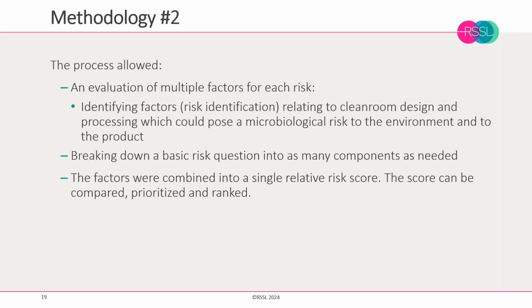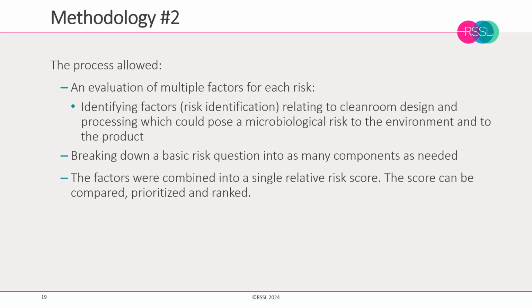So we're looking at multiple risk factors, and then for each risk factor there are different scenarios that would exist for each one. And these are all aspects of the clean room design or approaches to processing that could pose a risk to the room or to the product.